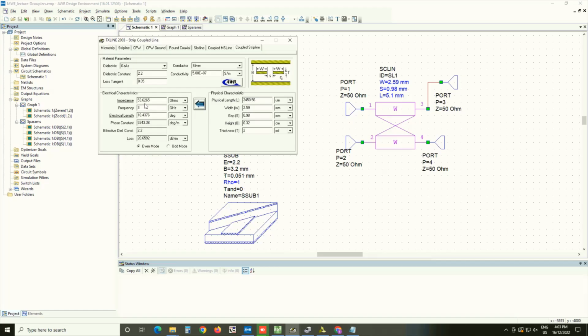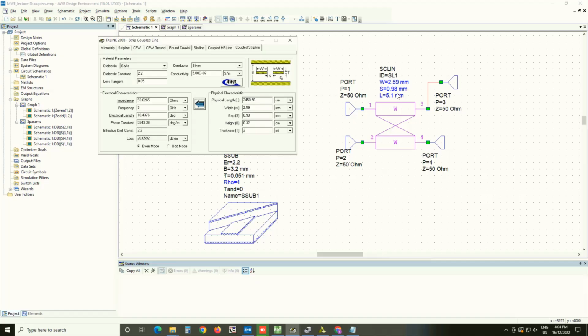Okay. Yeah. So this 2.59 and 0.98 numbers are actually what POSAR calculates. In fact, I had noticed this when I was setting this up, that the numbers they have gotten for the dimensions don't give the same even and odd mode impedance when I use that here.